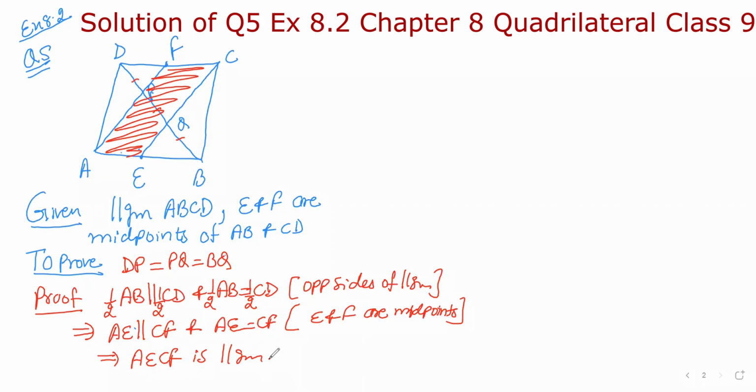So now let us consider this triangle, triangle DQC. In this triangle, the line PF is parallel to QC because we have just proved that it is a parallelogram. And F is midpoint.